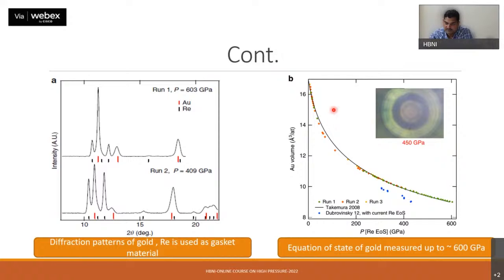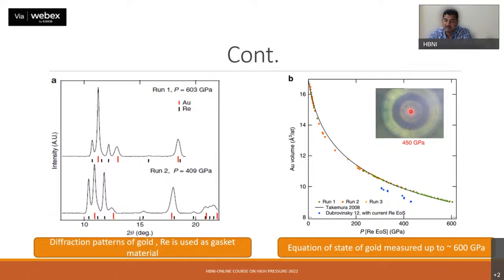And this is the equation of state of gold, which they have derived based on these experiments. And this is typical at 450 GPa even, you see how the sample cell looks like. This is all because of this toroidal anvil cell.